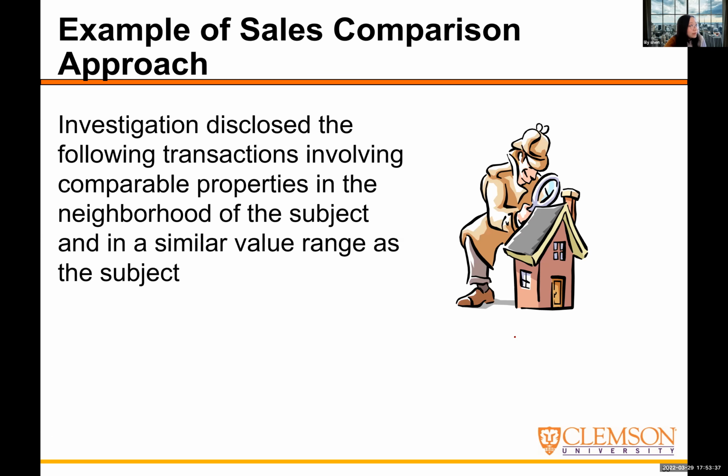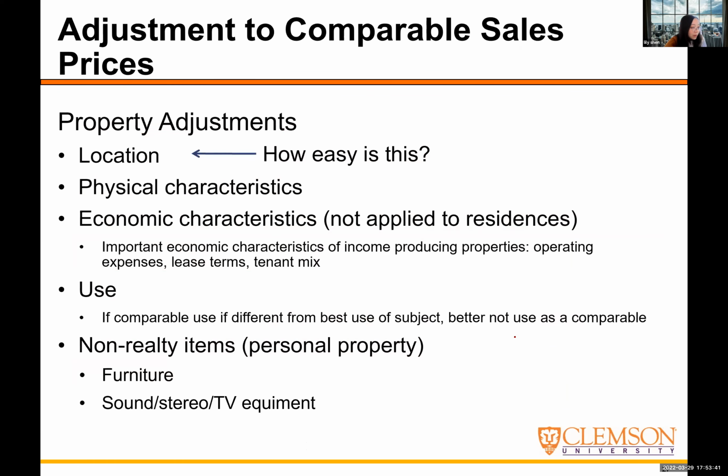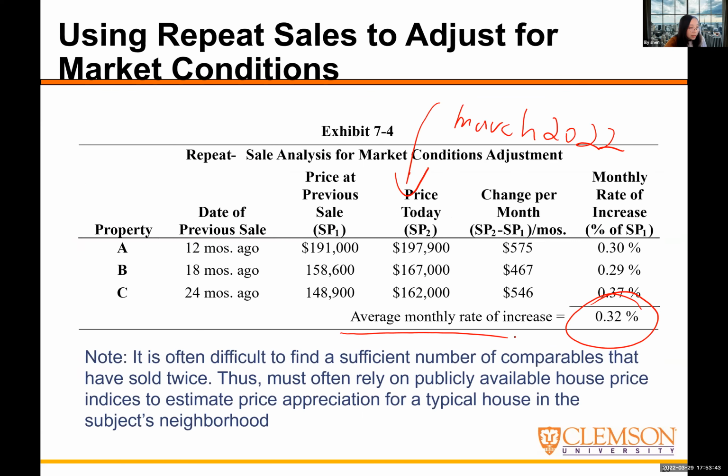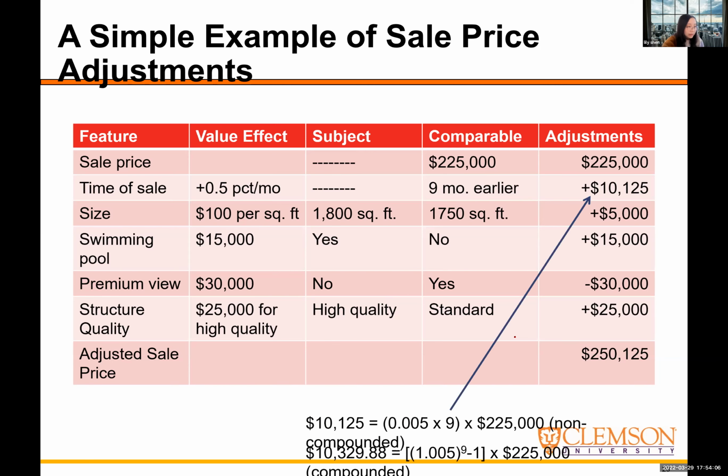So the previous example, the key thing about the sales comparison approach is if the comparable is better than the subject, subtract from the comparable. If the comparable is not as good as your subject, you have to add what the comparable doesn't have to the comparable sale price to arrive at the indicated price.